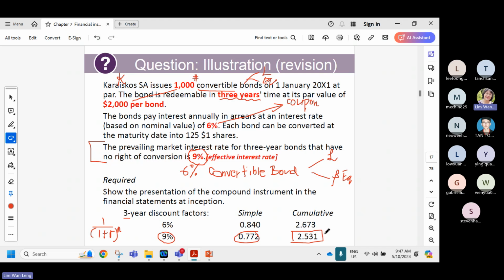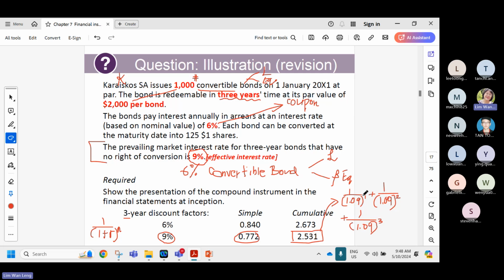So this is a summation of 1 over 1.09 power 1, plus 1 over 1.09 power 2, 2 years from now, plus 1 over 1.09 power 3.